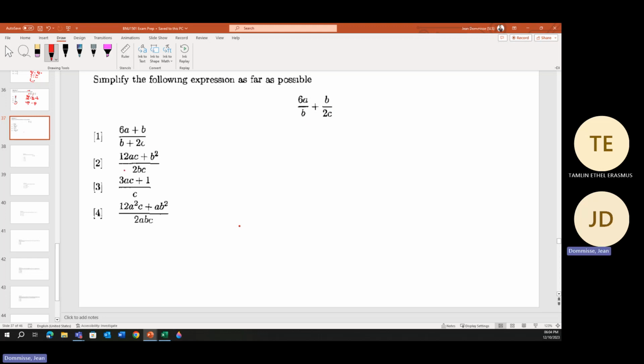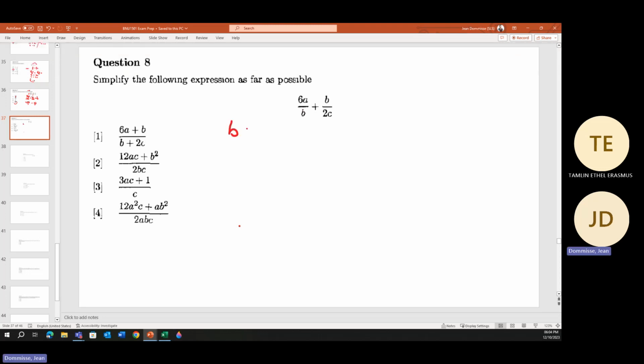I'm now looking at the answers, and now instead of just thinking what I would do, will we say multiply by b plus 2c? So that is at the bottom, b plus 2c.